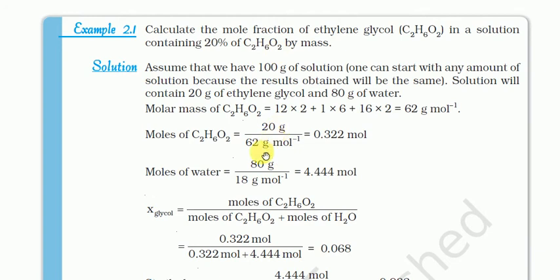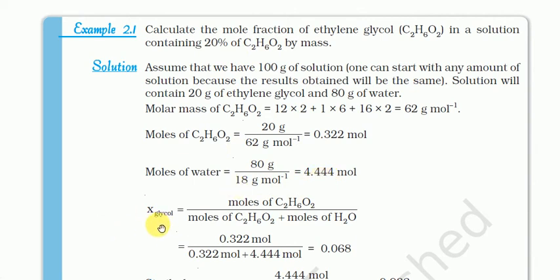So 20 grams divided by 62 grams per mole gives 0.322 moles of ethylene glycol. For water, 80 grams, because 20% is ethylene glycol and the rest is water. So 80 grams divided by 18 gives 4.444 moles of water.